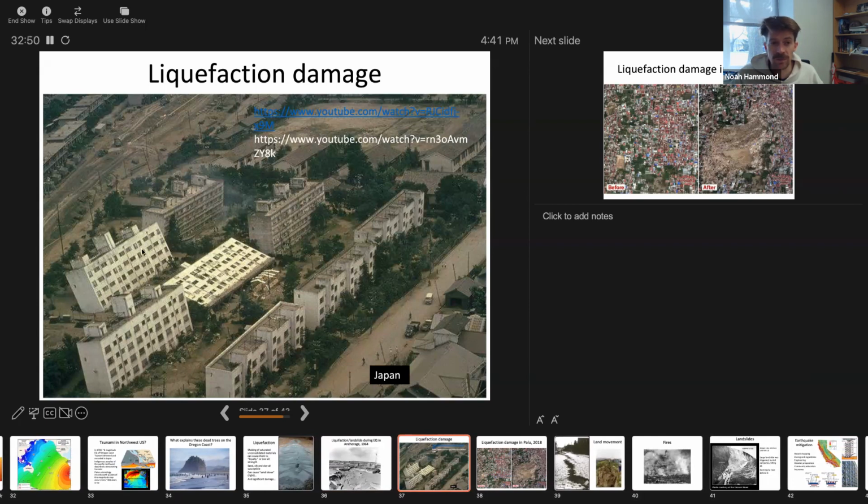These buildings were all built on sedimentary rock that had a lot of groundwater in it. And when the liquefaction occurred, the ground just turned to mush and the buildings just tipped over as if they were built on slush.